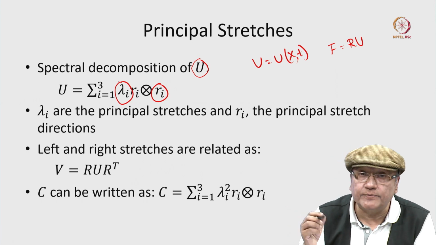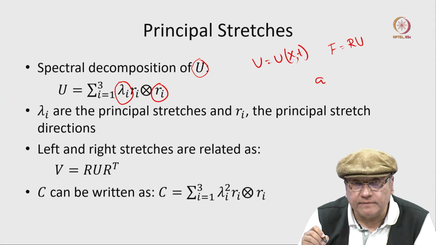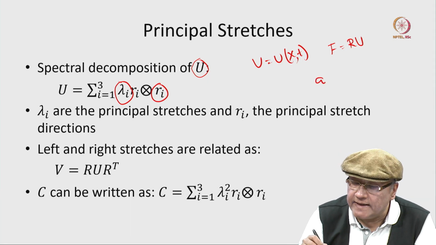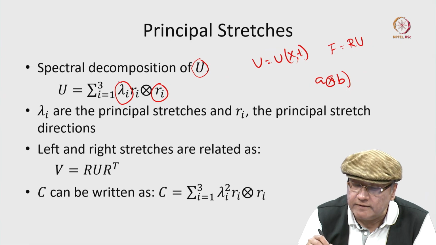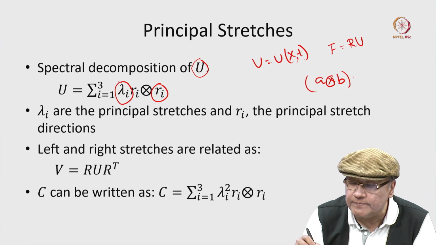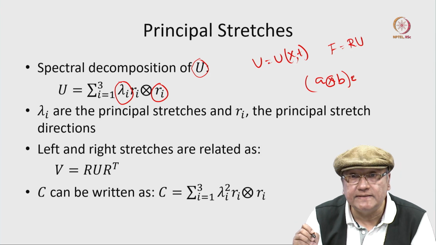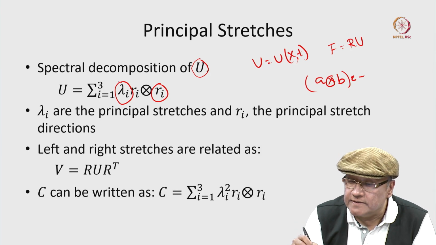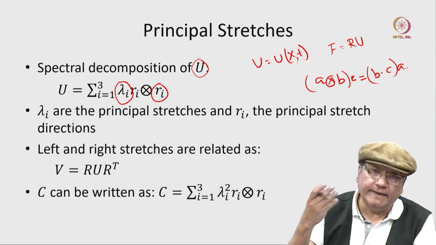We talk of the tensor product of two vectors like this. If A is one vector and B is another vector, then the tensor product of A and B is defined with respect to a third vector, call it C. This is defined as B dot C, which is a scalar, times A, right.